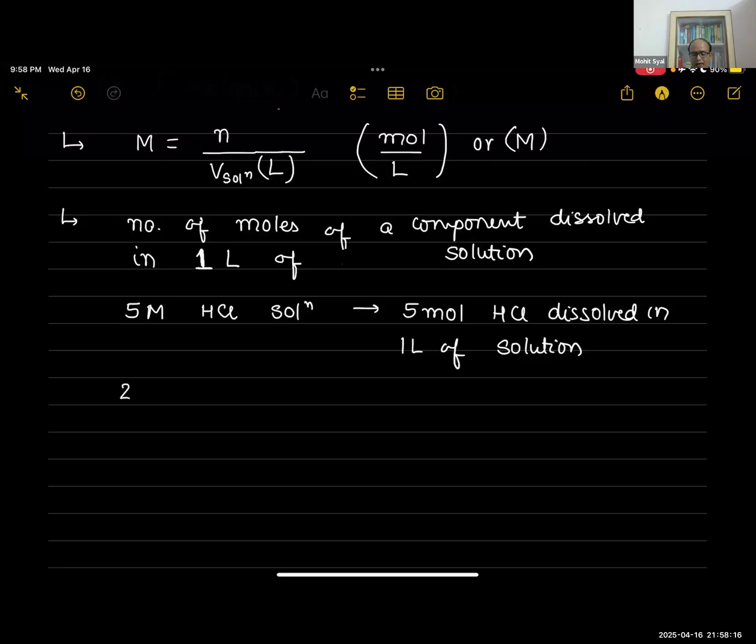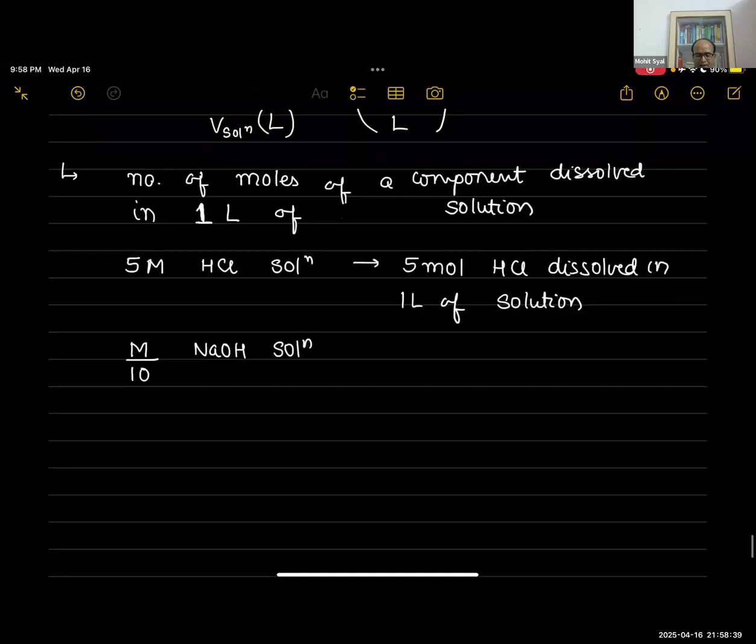For example, 2 molar NaOH. Sometimes it is written as M by 10, and even class 12 students get confused and keep asking me what it is. M by 10 is nothing but 1 upon 10 molar.